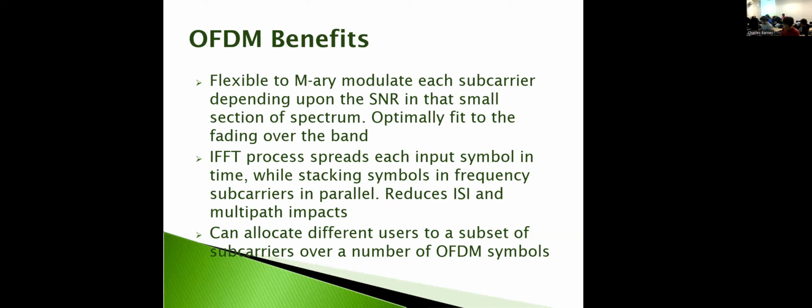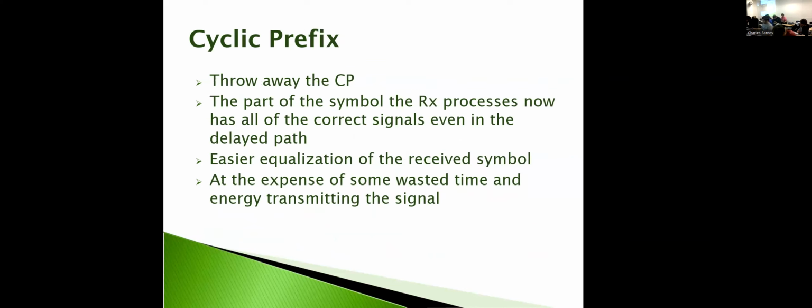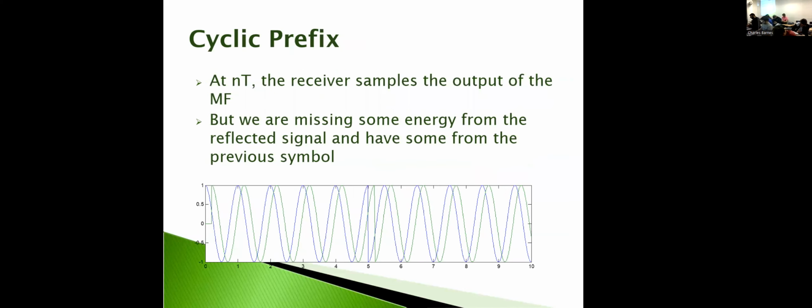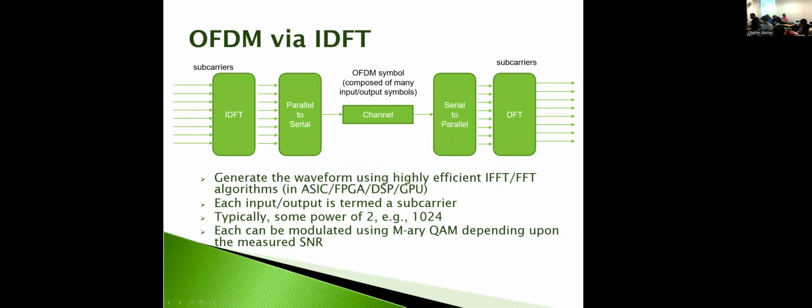So there's going to be a limit on how fast we can send those symbols. Well, in this IFFT process, instead of having to send this symbol, then this symbol, then this symbol, and so on, we're sending all these in parallel.